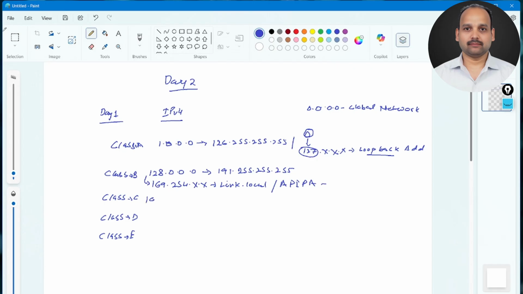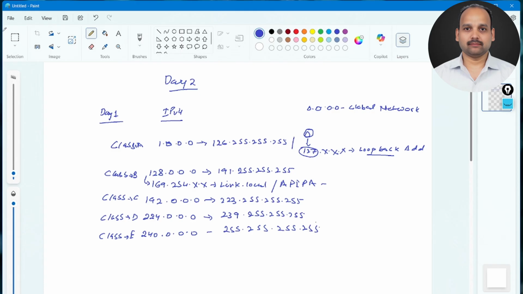In class C, the range starts from 192.0.0.0 to 223.255.255.255, and class D starts from 224.0.0.0 to 239.255.255.255, and class E starts from 240.0.0.0 to 255.255.255.255.